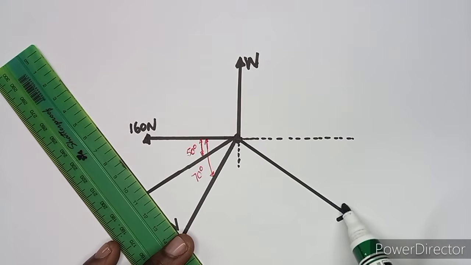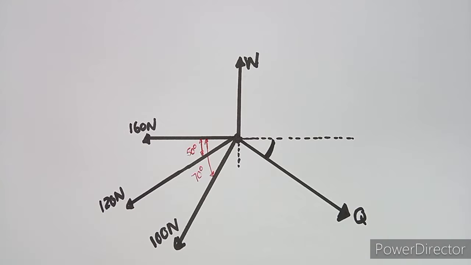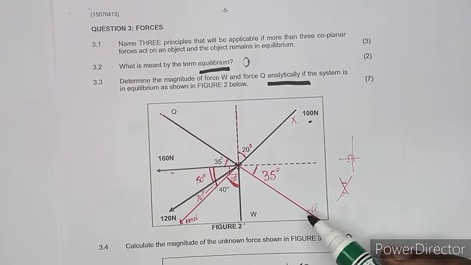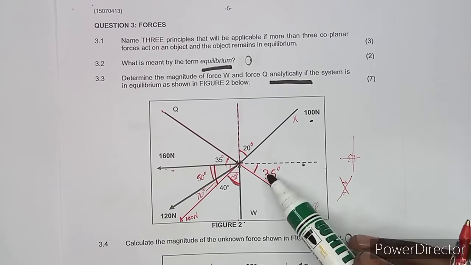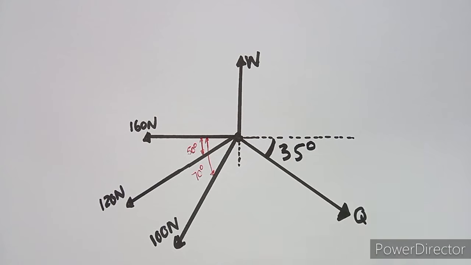It's still the same Q that you were given, and the angle that is between, because this angle of 35 is actually between the force and the horizontal line. So it's fine. There's nothing that we are going to change on this 35 degrees. It is going to be taken like that. All right. So this is now your force diagram that you understand in a better way.